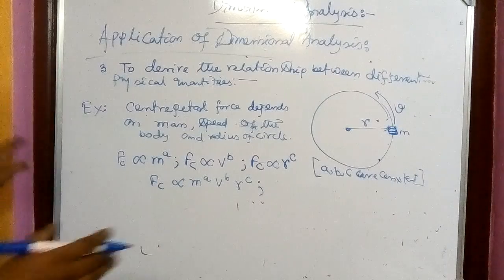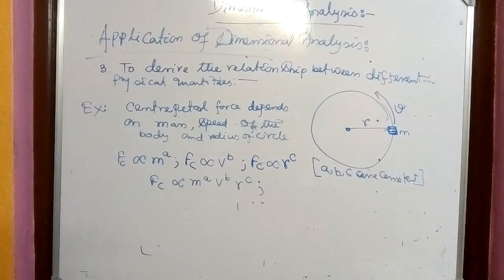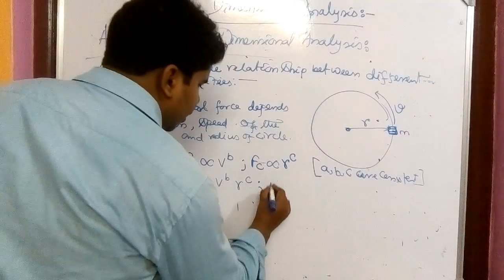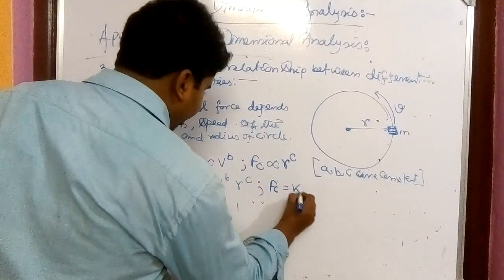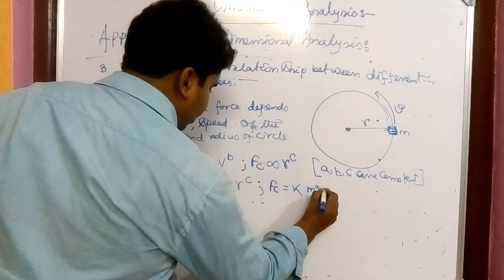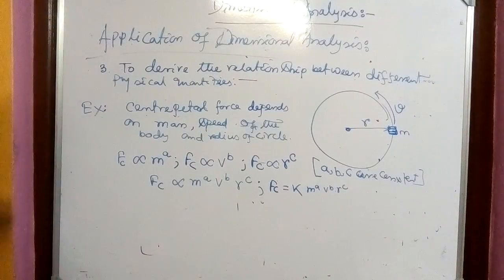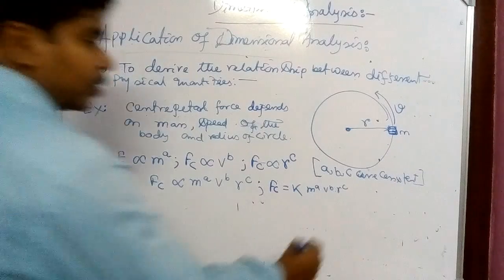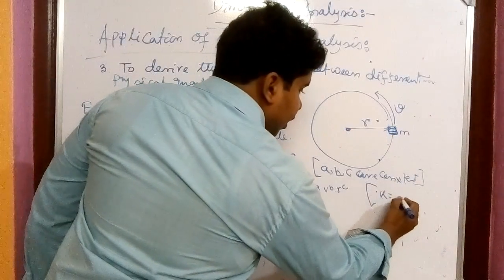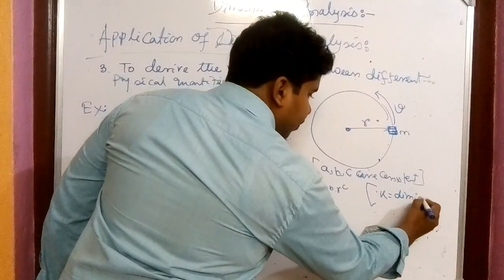We know to convert a proportionality sign to an equal sign, we have to give a constant, that is FC equals K into M^A V^B R^C. And this K, whatever the things we have taken, that is a dimensionless constant.